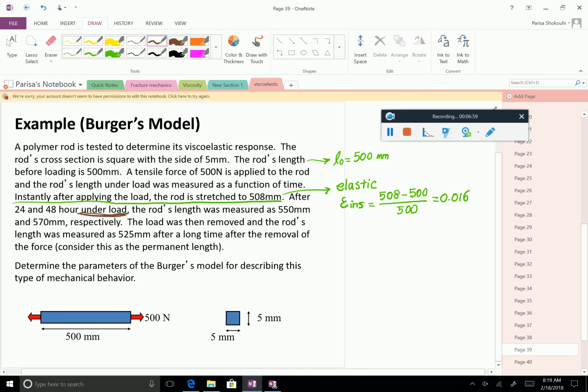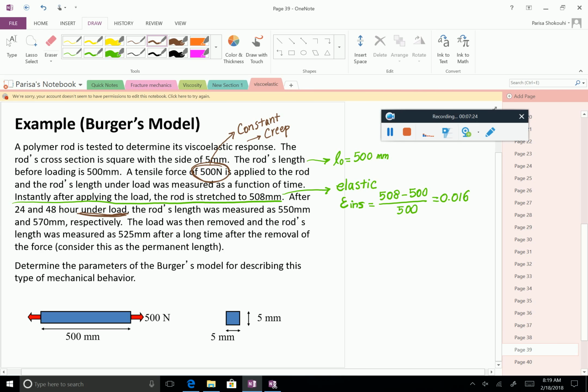So we are keeping the load constant, right? We are not changing the load. So this is constant. And so we are thinking about a creep problem. So after 24 and 48 hours, we have calculated also the length.